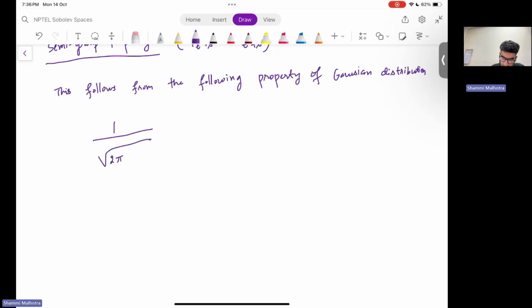The density at t plus t dash is 1 upon root 2 pi (t plus t dash) times e raised to the power of minus u squared over 2(t plus t dash).